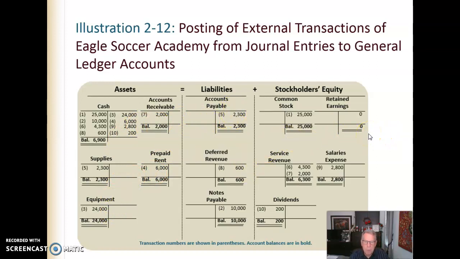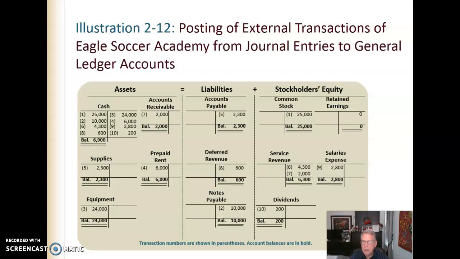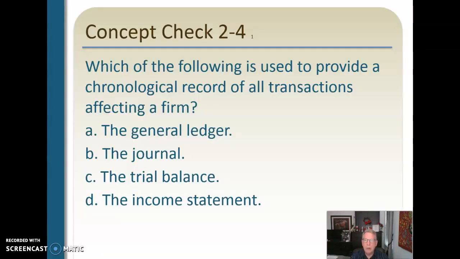So now, a little concept check. Which of the following is used to provide a chronological record of all the transactions affected by a firm? So let's go back. You can see that the general ledger doesn't do that. It records all the information from the journal entries, but it's the journal entries that have that chronological record.